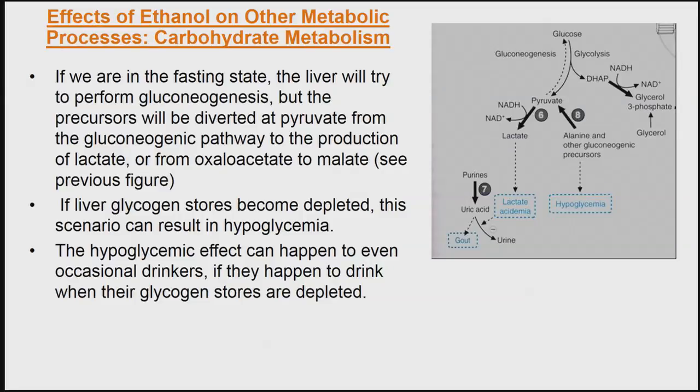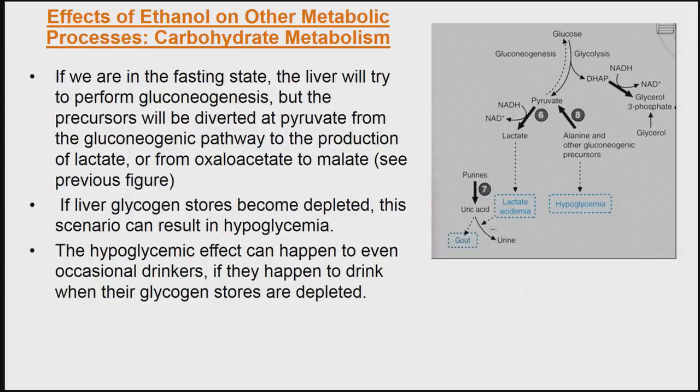Therefore, what's going to happen? Well, you're also going to get the lactic acidosis, but now you're actually going to get a hypoglycemia because you can't perform gluconeogenesis. And this effect you can actually see in somebody who drinks even a relatively small amount, but does it on an empty stomach.